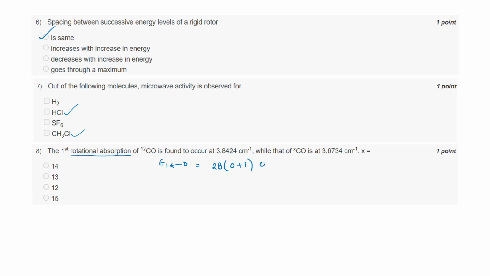So it is only 2B. That's why it is 2B, because of the spectral lines.